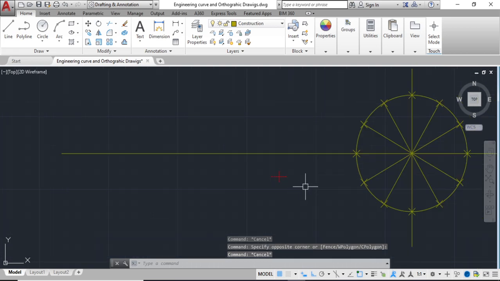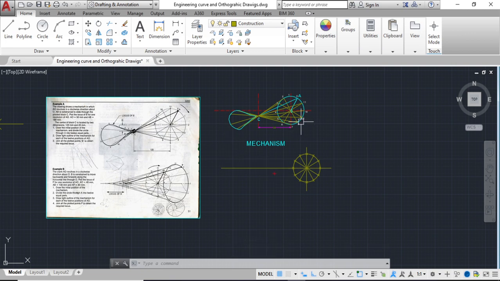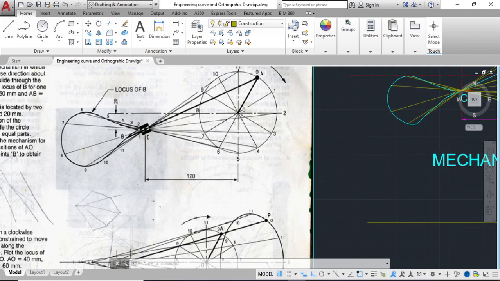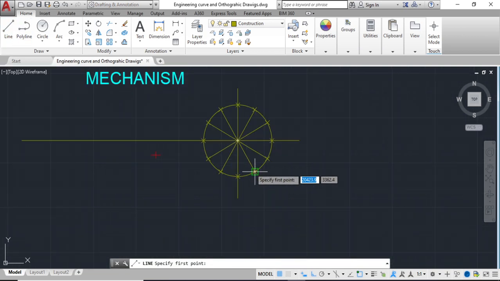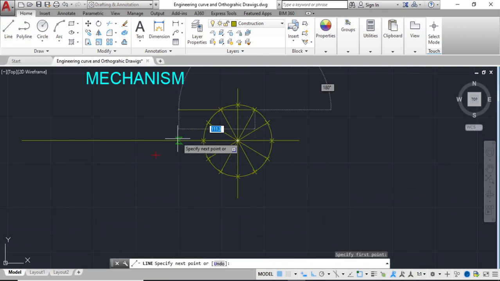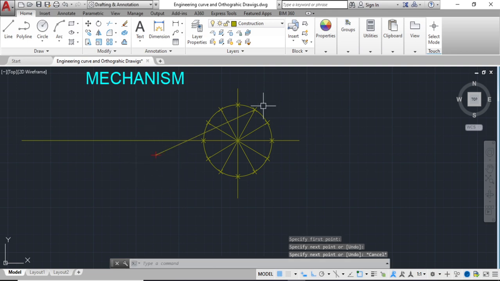Good. So now that we found point C, we can radiate all our points through point C from AO all the way to 1, 2, 3 to 11. So we're going to do that now. So radiating the lines from AO to C. Alright.